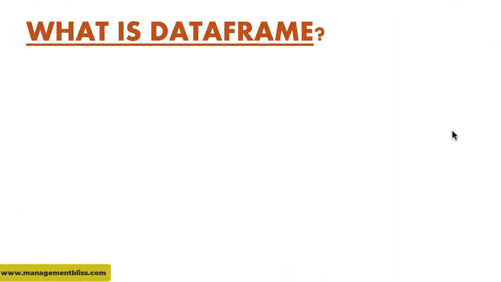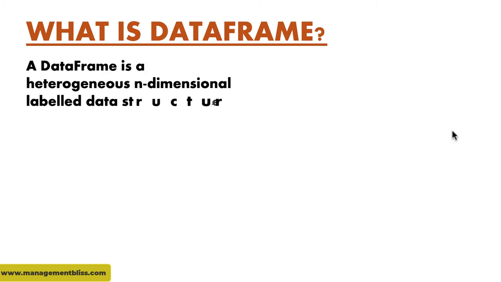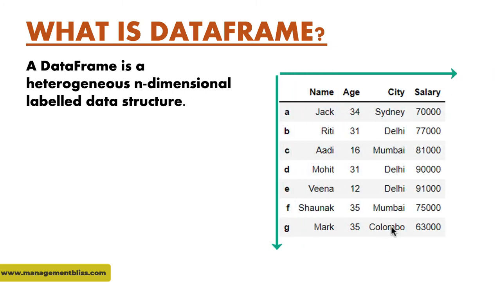So, what is a data frame? Data frame is a heterogeneous n-dimensional labeled data structure. But in most cases, it is used as a two-dimensional tabular format. In two-dimensional format, it stores data in rows and columns like this. All the rows and columns in data frame are labeled.